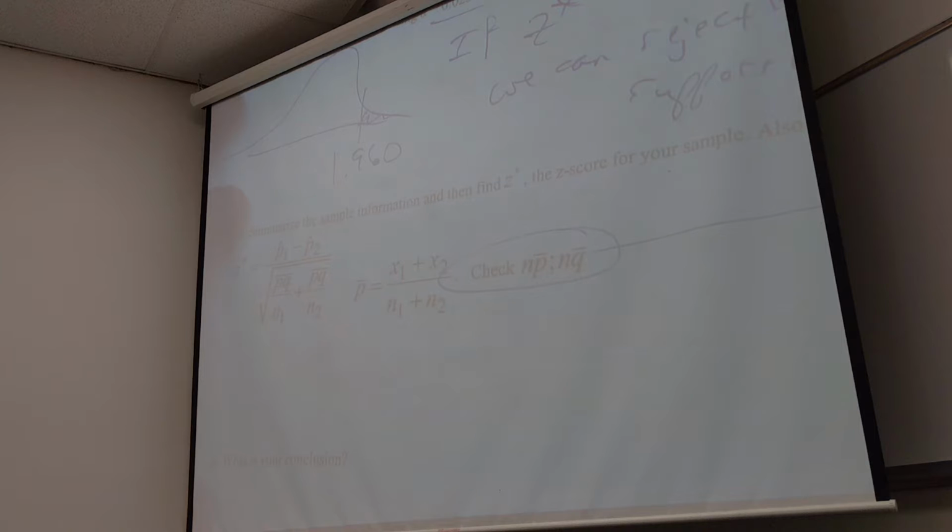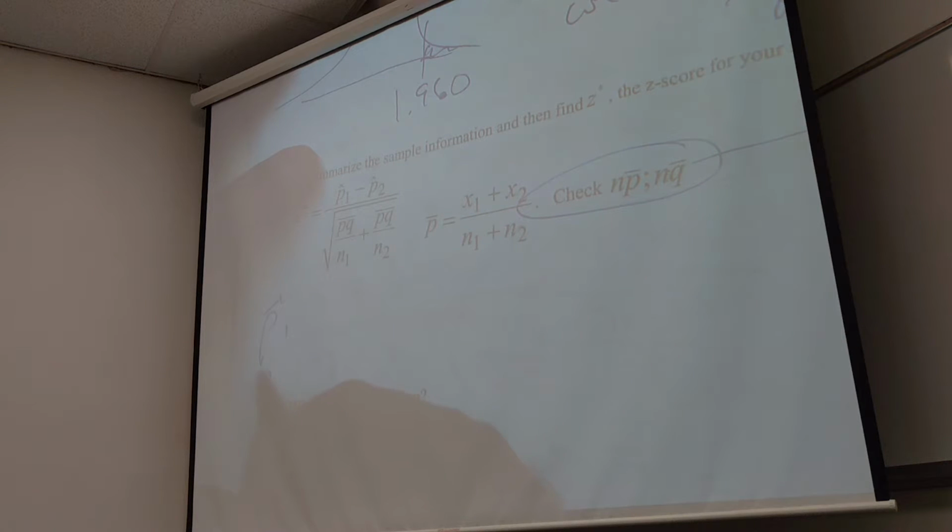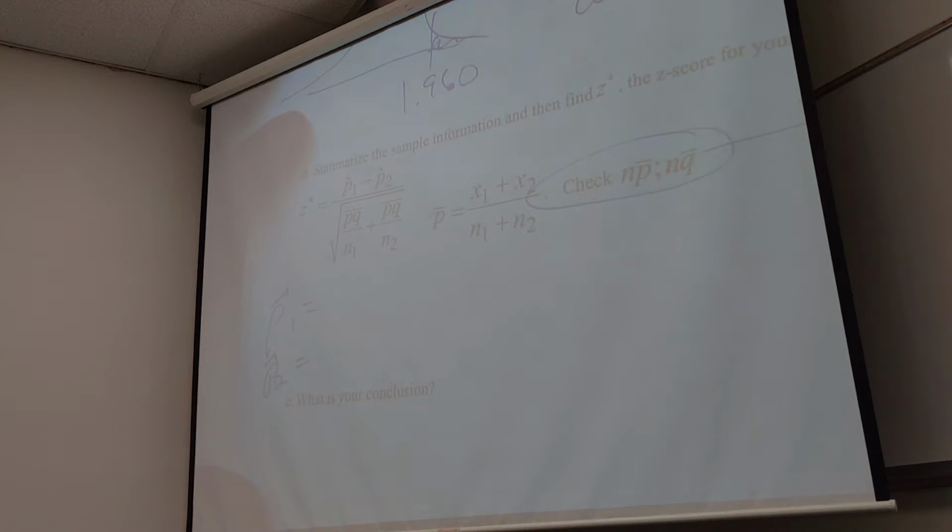Alright, so now we haven't calculated p hats yet, right? So we need to know what p hat 1 and p hat 2 are. P hat 1 is 0.495.